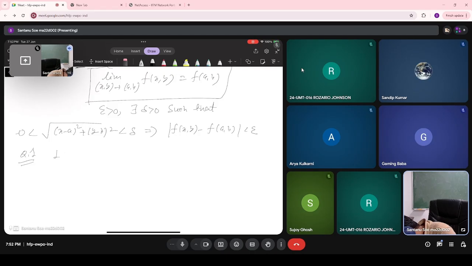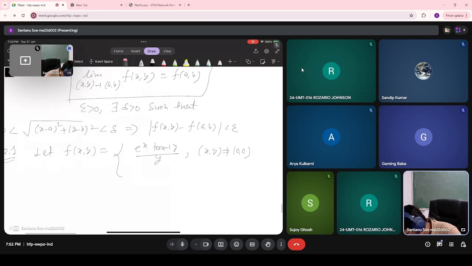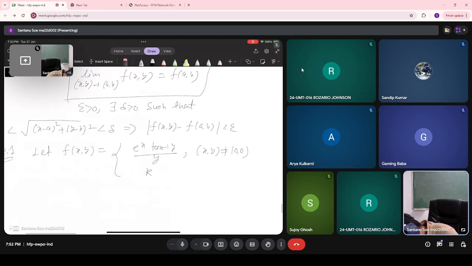Let f of x comma y equal exponential x into tan inverse y by y, where x comma y is not equal to 0 comma 0, and k, where x comma y is 0 comma 0.